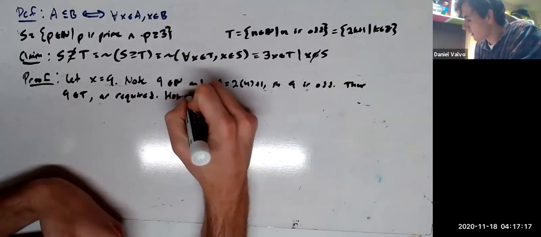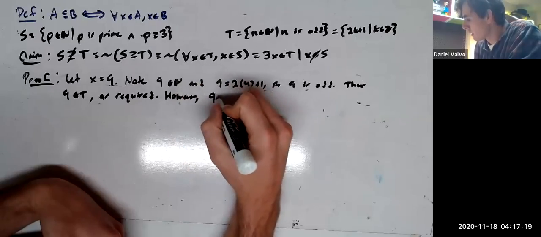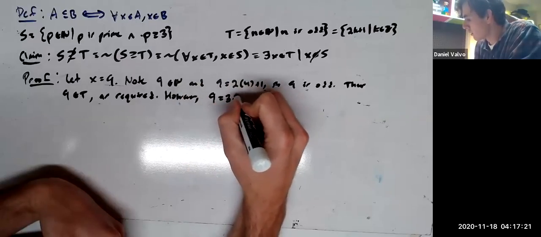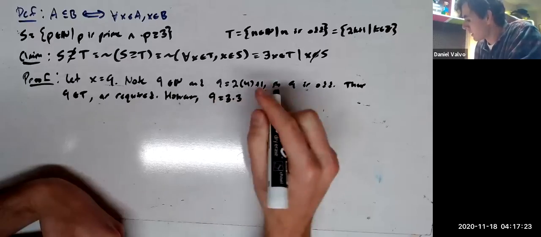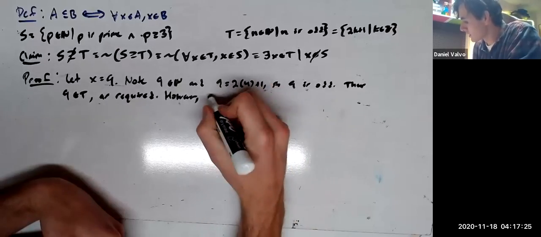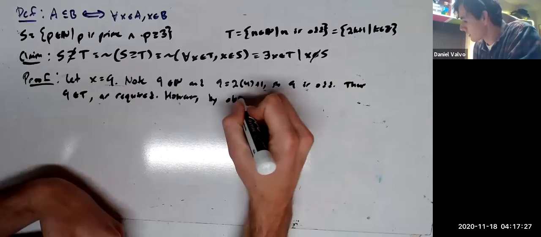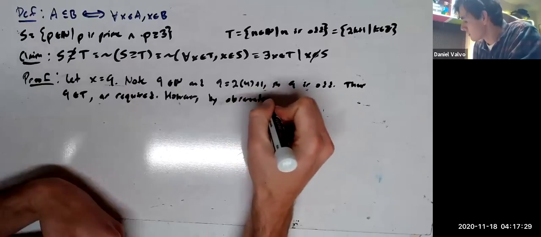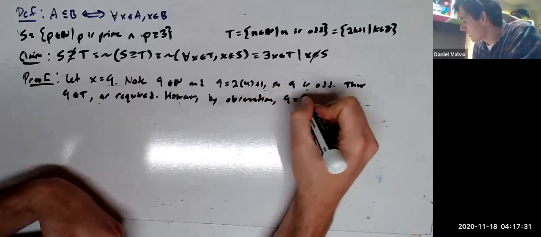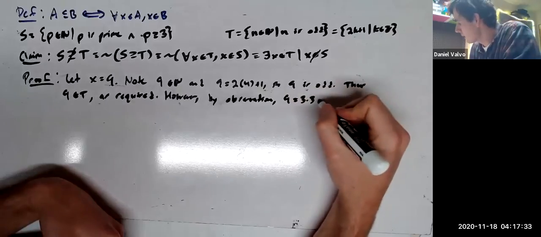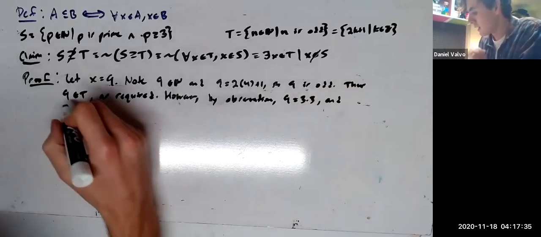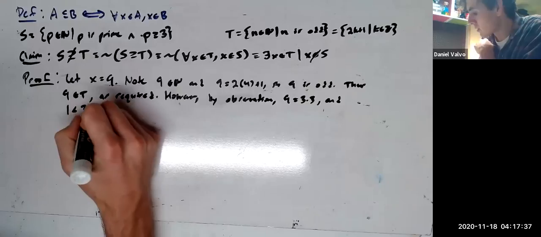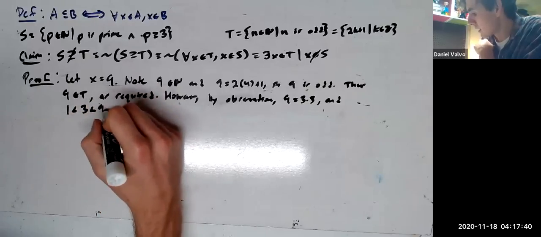However, by observation, 9 also equals 3 times 3, and 1 is less than 3, which is less than 9.